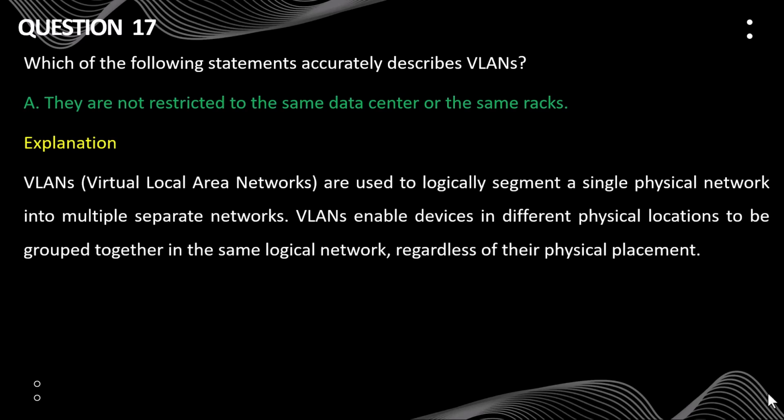VLANs allow devices in different parts of a network, even across different physical locations, to communicate with each other as if they were on the same physical network. So they are not restricted to the same data center or the same racks.